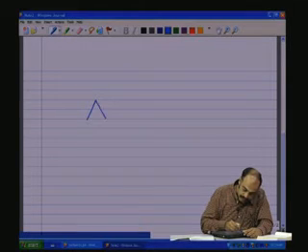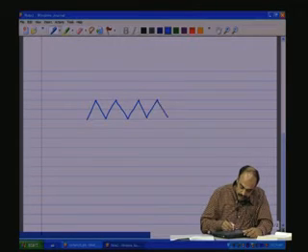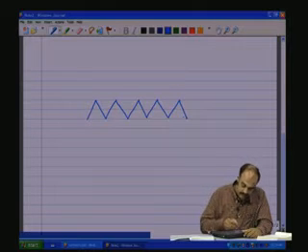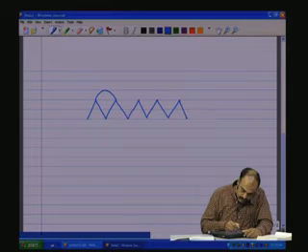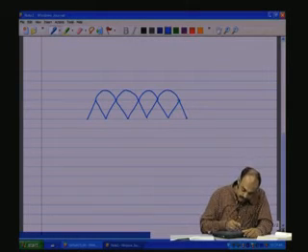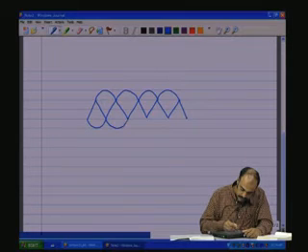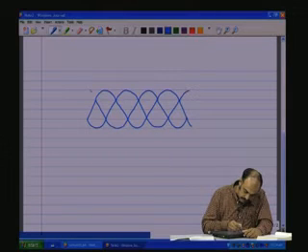Let us say you just make a set of up and down triangle waveforms like this, and then you connect the tops by curves like this, and then the bottom portion of the triangles also are connected in this manner neatly and smoothly, and that will result in a nice neat waveform.